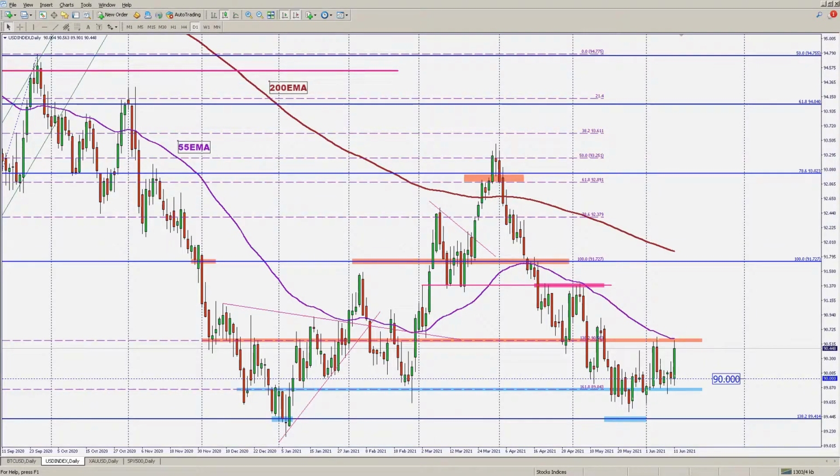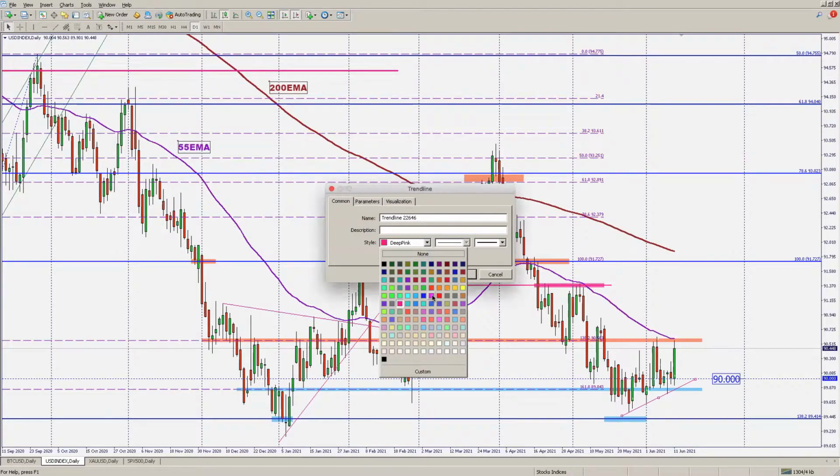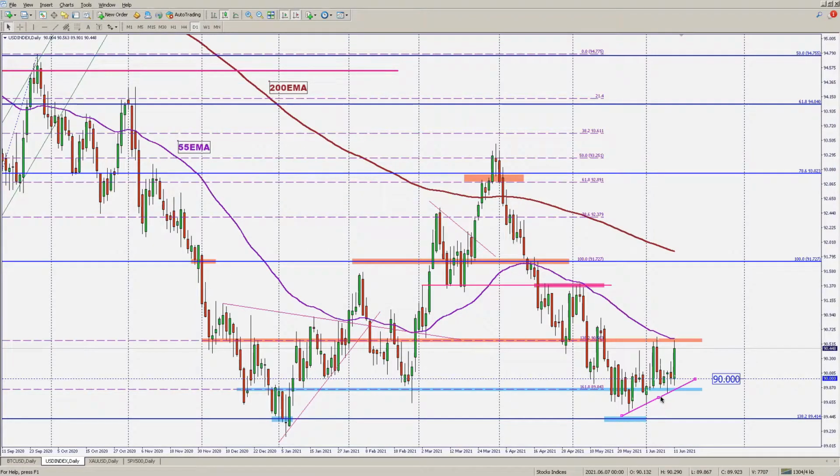So there is definitely support with higher lows here for the US dollar index. All right, for now.